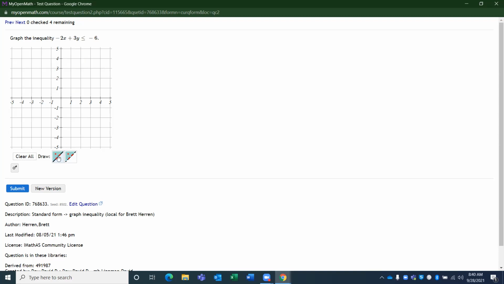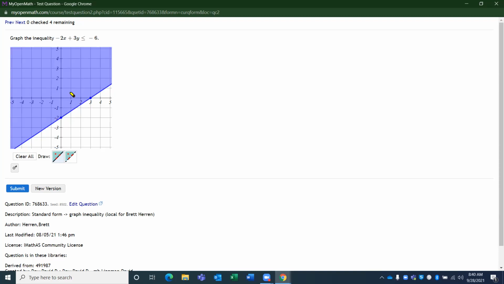So I'm going to click on the solid line tool. I just clicked on this one, the solid line tool. And then I'm going to put 2 dots. Now, I'm just solving this one in my head, but that's what it would be, that point. And 2 by 3, it would be 2/3. So up 2 over 3 would be right there.